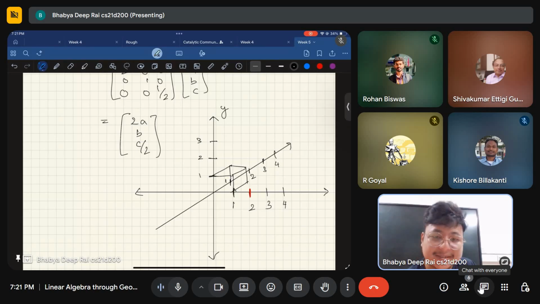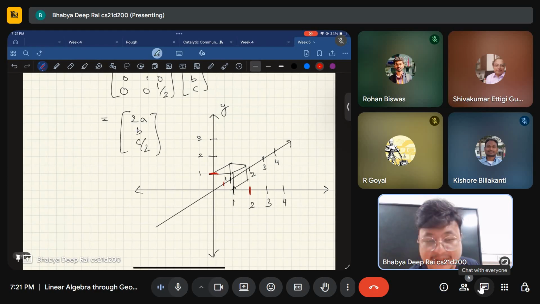So the height remains the same, no change. And c by 2, which is the z-axis part, the depth, that changes. That is half.